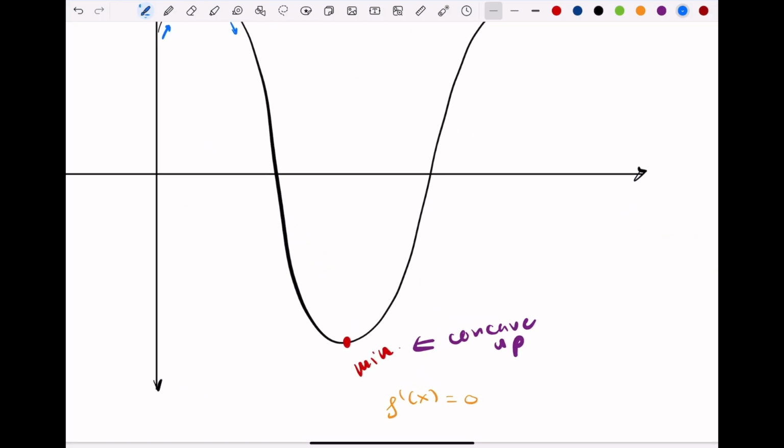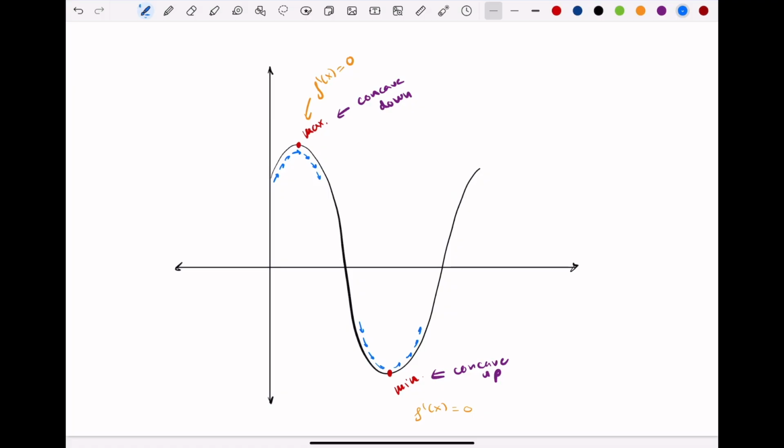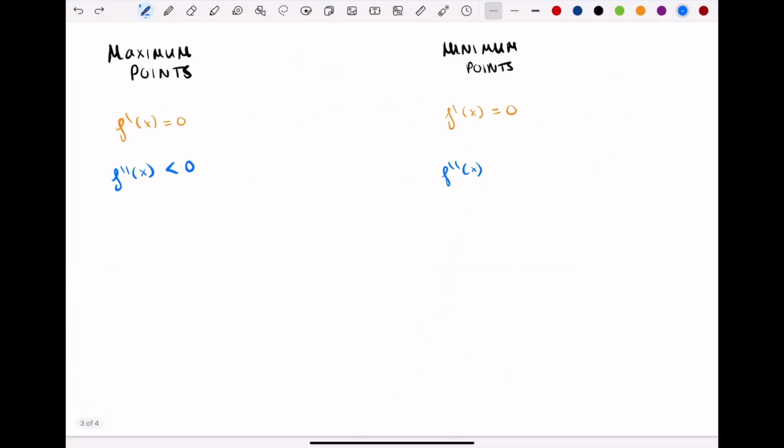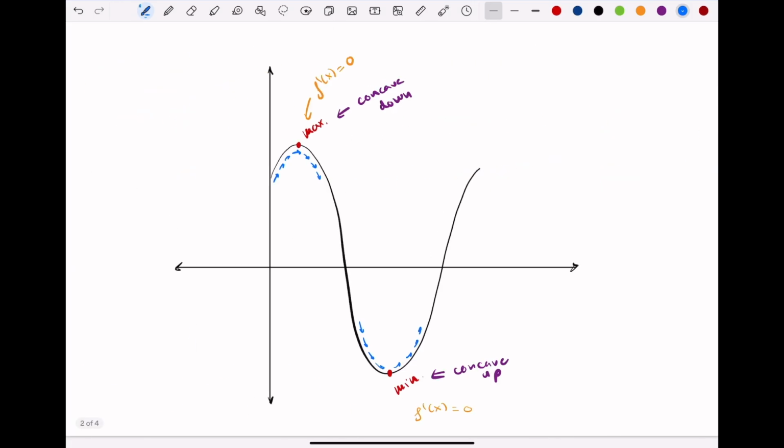Now for a minimum point, we are actually going from negatives to less steep negatives to 0 to positives. So our slope is actually, if you look here, increasing and becoming positive. So our second derivative is going to be greater than 0 because, again, our slope is increasing in this case.